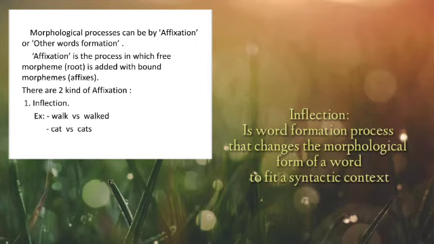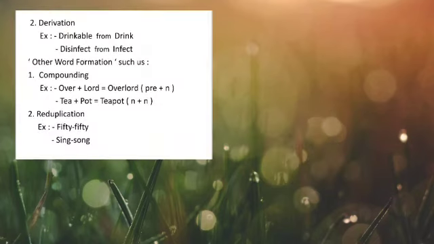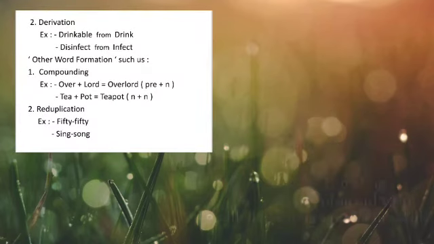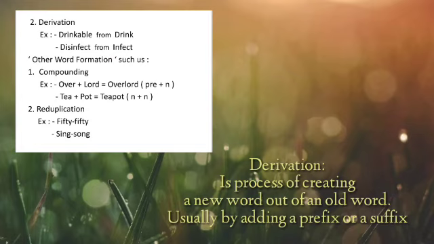Example: walk to walks, cat to cats. Next, derivation. Derivation is the process of creating a new word out of an old word, usually by adding a prefix or a suffix. Example: drinkable from drink, disinfect from infect.